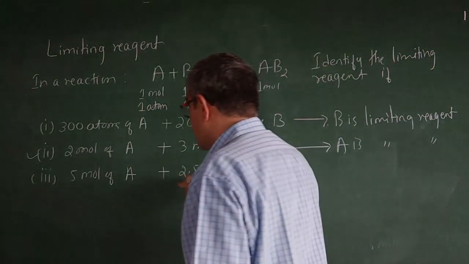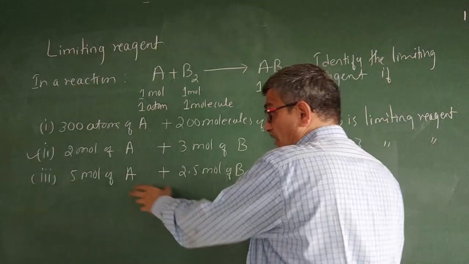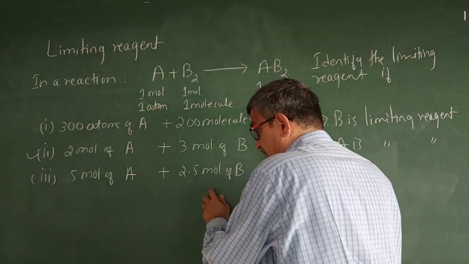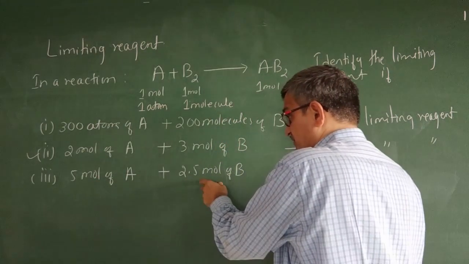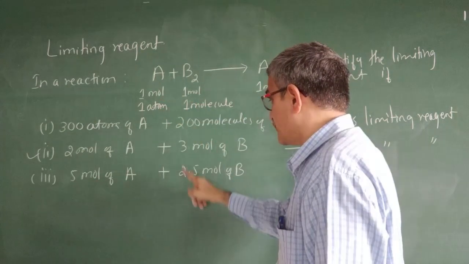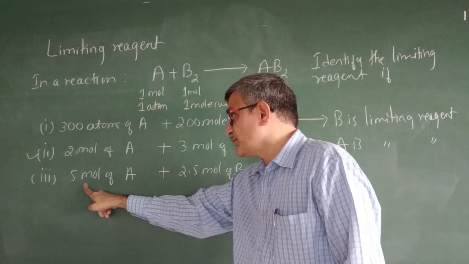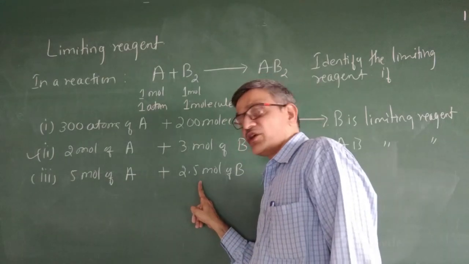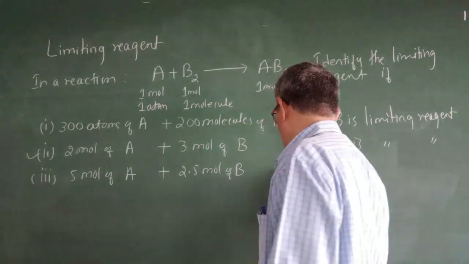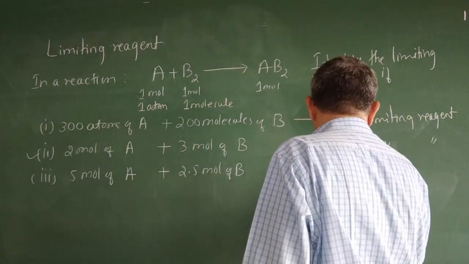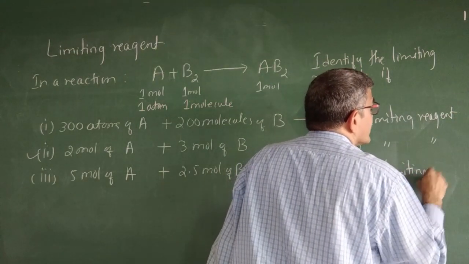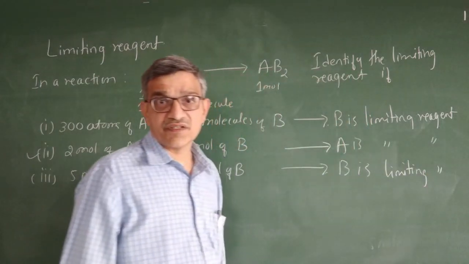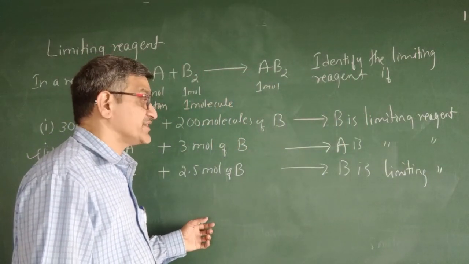So now which is the limiting reagent? Which one is less? 2.5 moles they have said. For 1 mole, 2.5 mole is needed; for 5 mole of A, 5 mole is needed, but you do not have 5 mole of B. So therefore B is the limiting reagent.